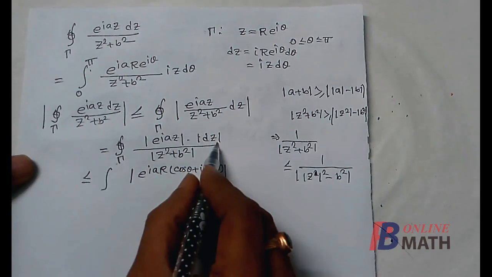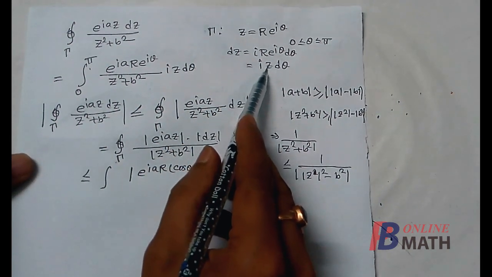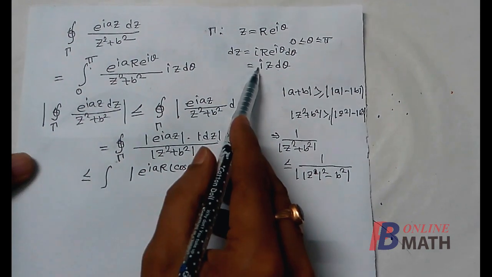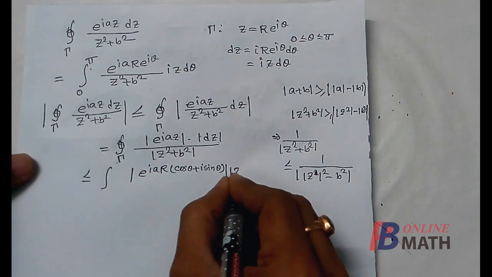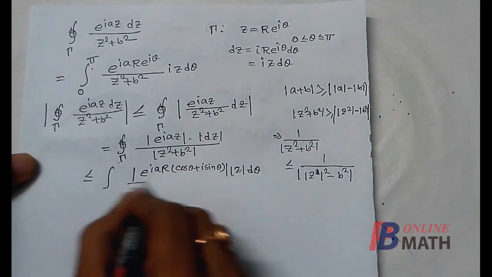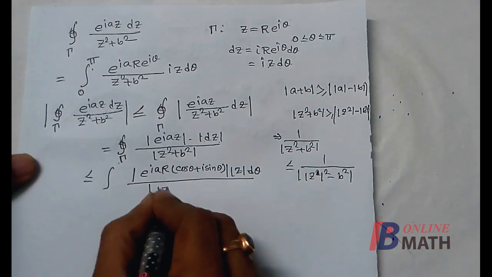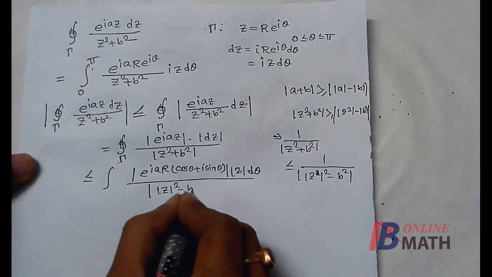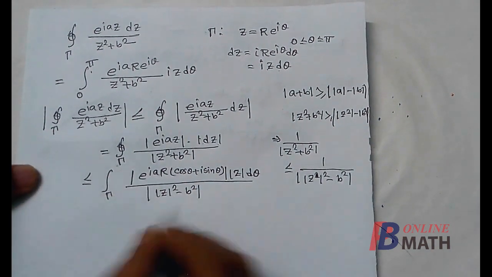Now modulus of dz can be written as modulus of z into d theta. Now modulus of i equal to 1, so modulus of dz is modulus z into d theta divided by modulus of mod z square minus b square on the curve gamma.